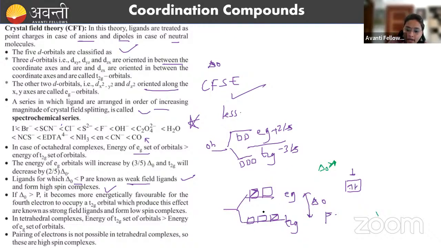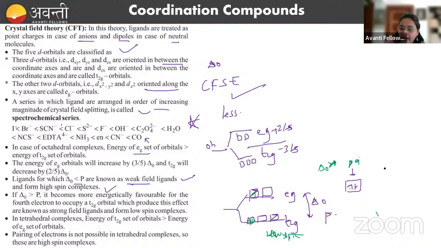The energy required for an electron to go to a higher orbital is more than the energy required for pairing off. So what will be favored by a given complex? So favor किसको होगा कि pairing हो जाएगी. Pairing हो जाएगी, नीचे वाले orbitals fill हो जाएंगे. That's why it will be known as a low spin complex.